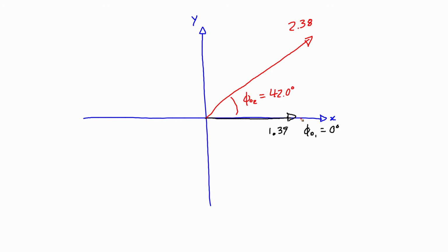These are two vectors represented as phasors, where 0 degrees is along the x-axis, and then the phase increases counterclockwise from x. Then you go through 90, 180, 270, and 360 degrees, or pi by 2, pi, 3 pi by 2, and 2 pi in radians.